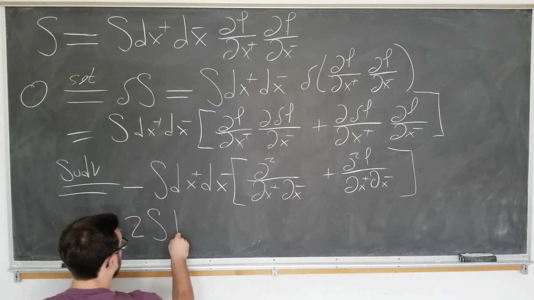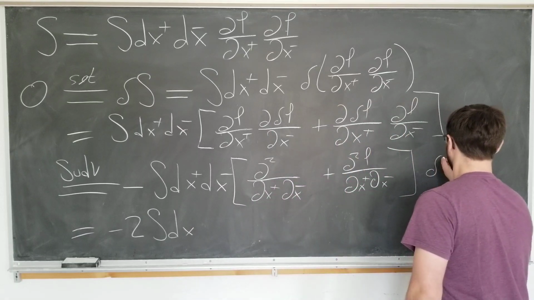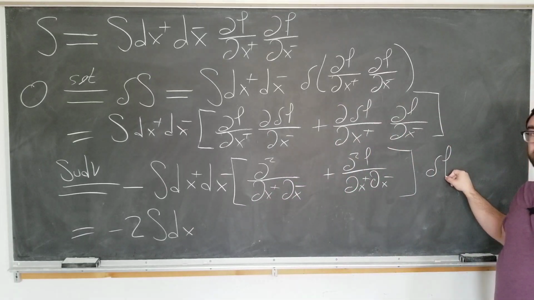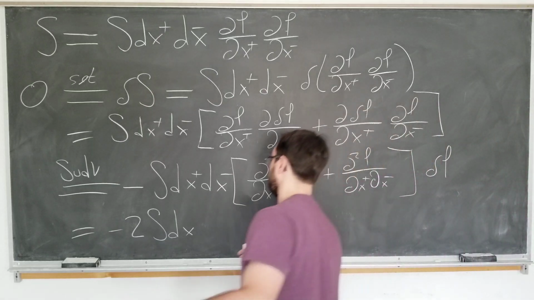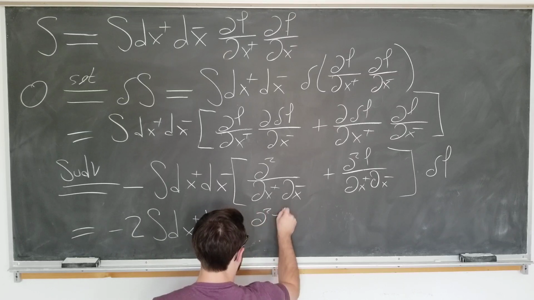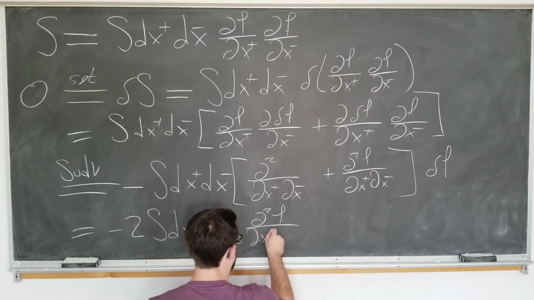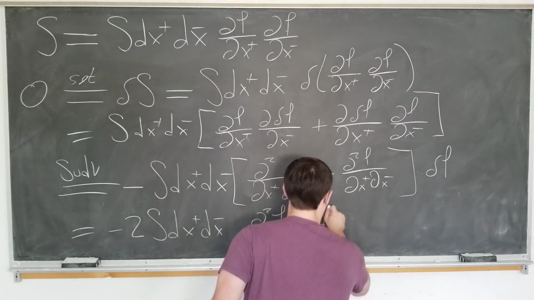Minus 2 integral d, oh sorry, I forgot an important step. This needs to be multiplied by a delta phi. But that was the entire point of integrating by parts, to get the delta phi by itself. Plus dx minus d squared phi by dx plus dx minus delta phi.